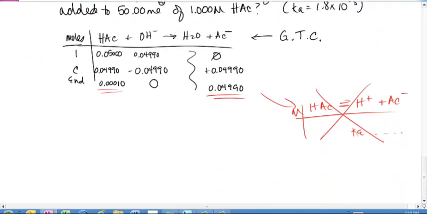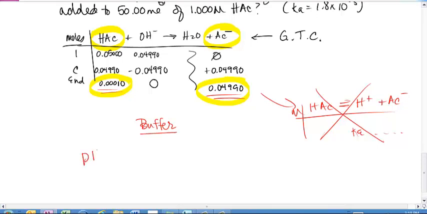So we're going to acknowledge right now that we currently have a weak acid and its conjugate base in there. What that means is at the end of this reaction, we have a buffer solution. So we can use the Henderson-Hasselbalch. pH is equal to pKa plus log of A minus over HA.